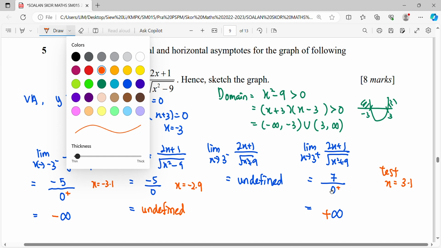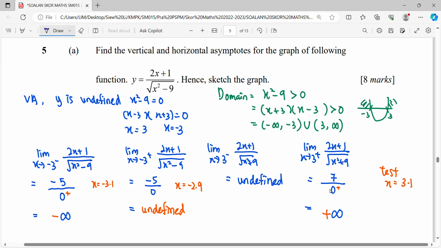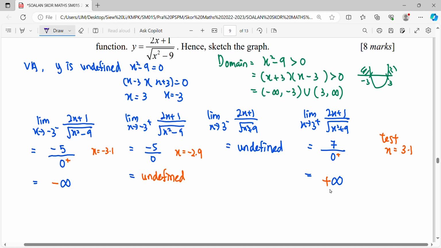Therefore, after we calculate this, don't forget to do the conclusion first: x equals 3 and x equals negative 3 are vertical asymptotes.